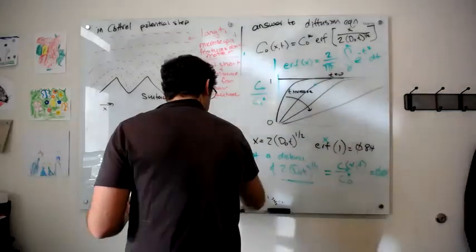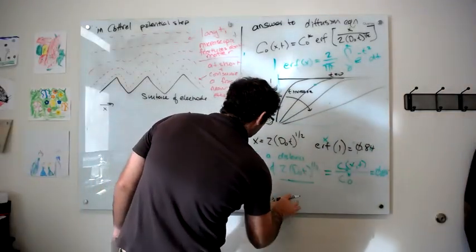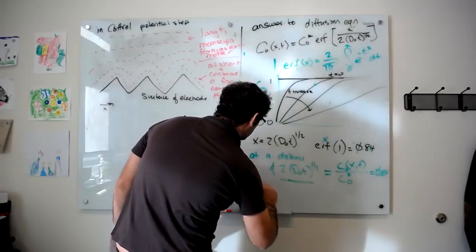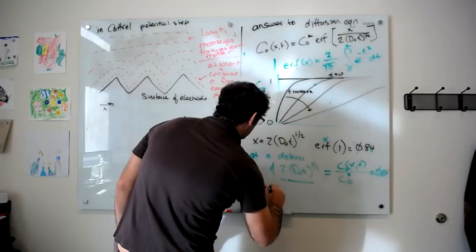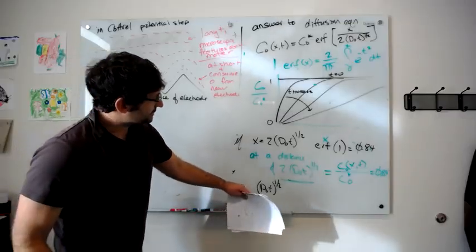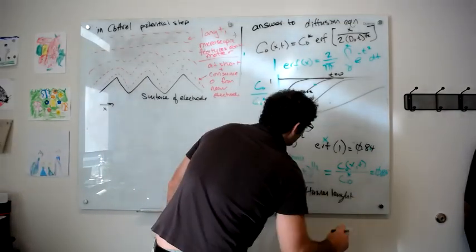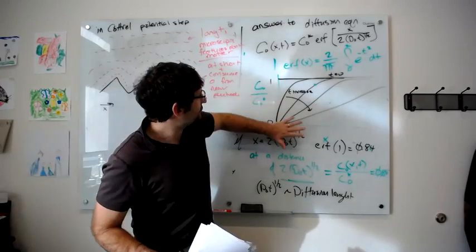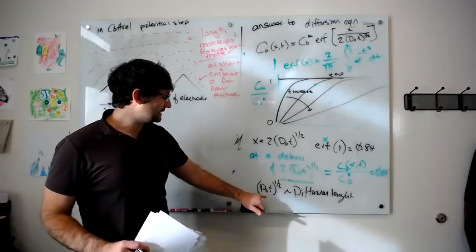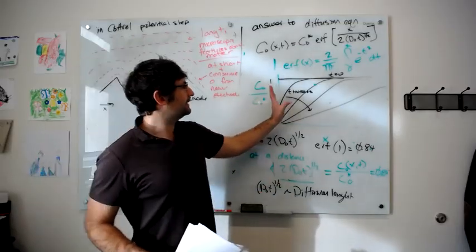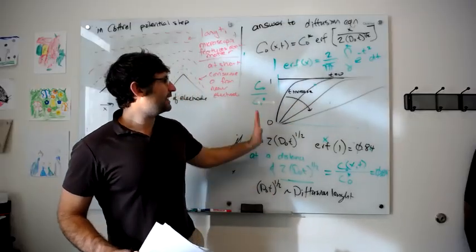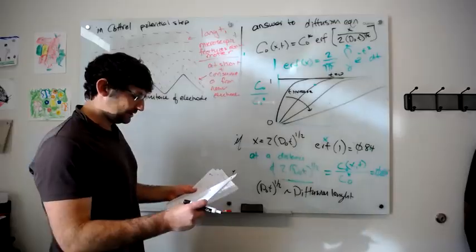Typically this distance is either 2 times the square root of D_O t, or just (D_O t) to the 1/2, the square root of D_O t. This is called the diffusion length. It's how far in a diffusion problem species O can move given some time t. So for any given time, if you know the diffusion coefficient, you can estimate how much of the solution will be depleted, because by the time you get this far away, you've recovered most of your bulk concentration.